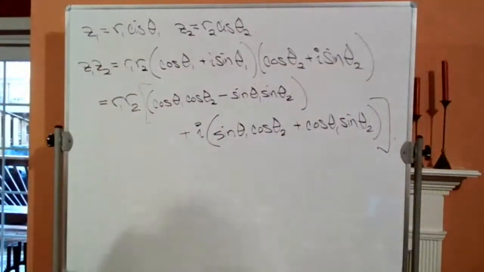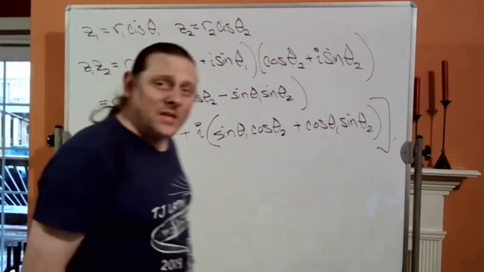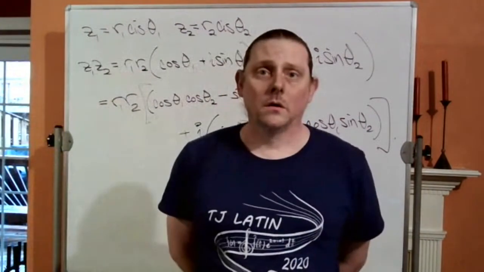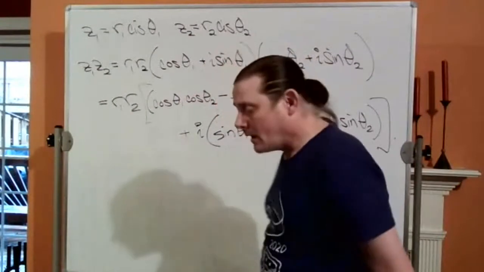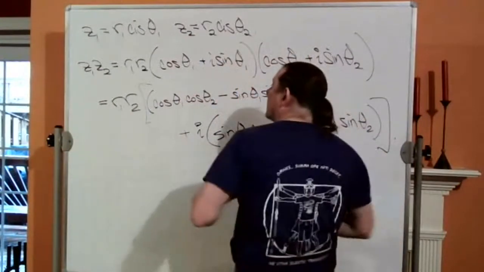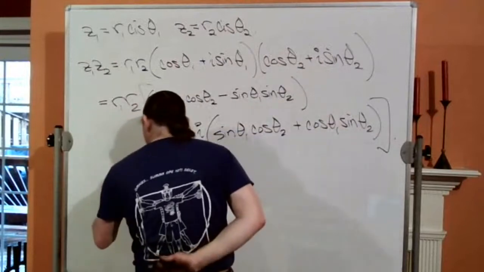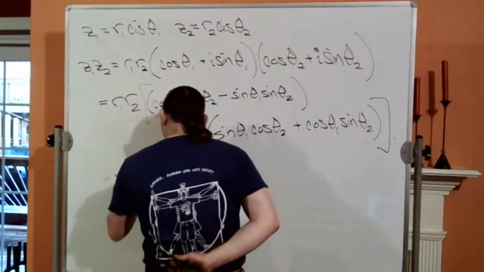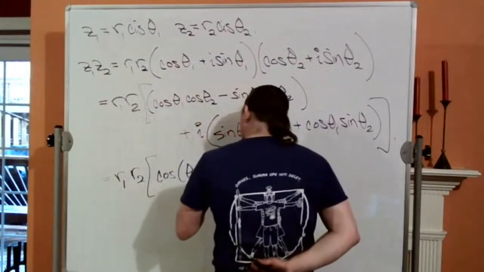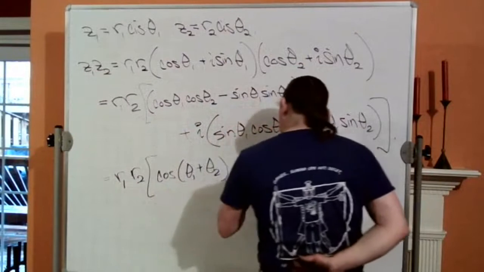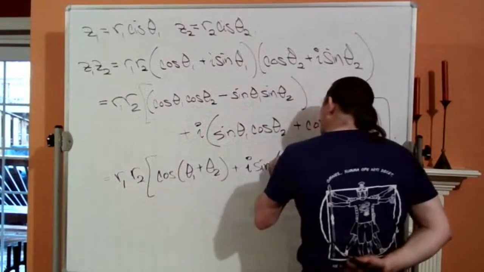All right? And now if we look at that for a couple of minutes, it will occur to us that we've seen these formulas before, somewhere, a long, long time ago. And they are simply the sum formulas for cosine and sine.